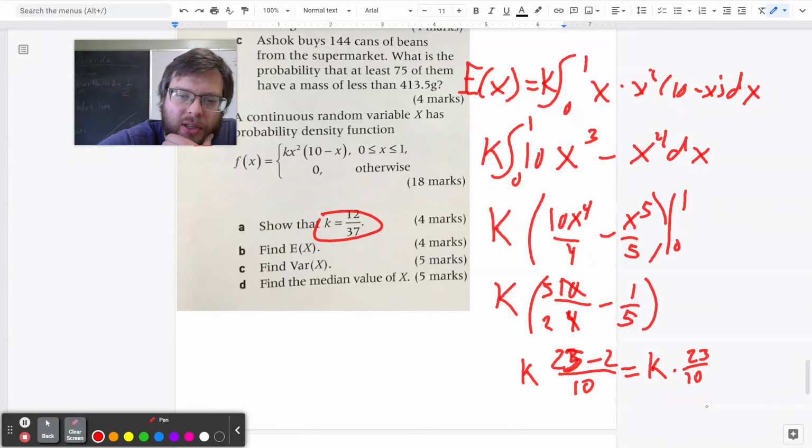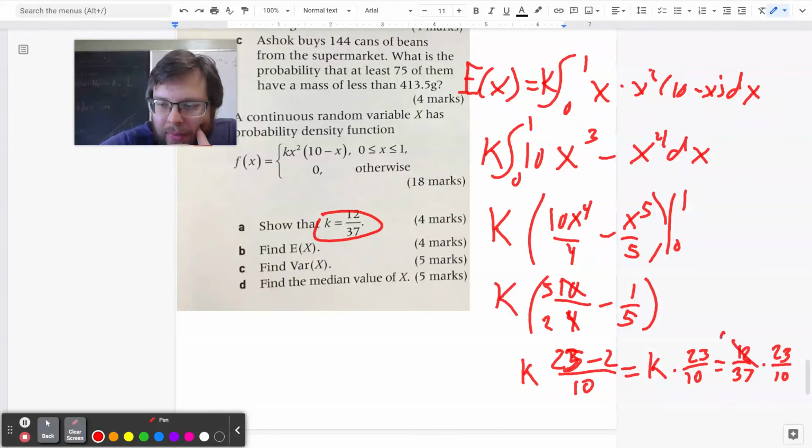So let's substitute in 12 over 37. 12 over 37 times 23 over 10. Make this 6, make this 5. So I don't see this coming out to be anything pretty. So whatever that comes out to be, you can calculate it as a decimal or leave it as a fraction. I guess we'll need it again for finding the variance.